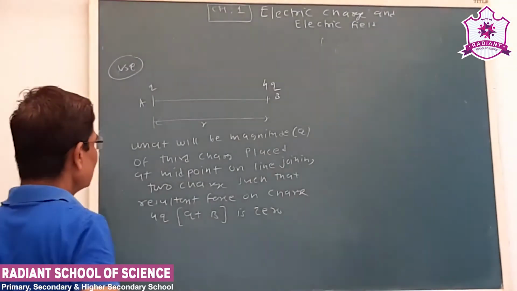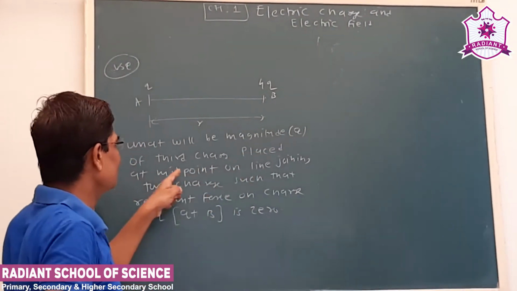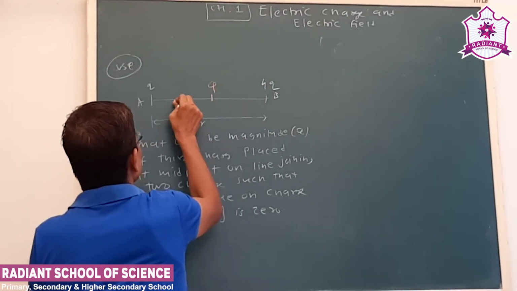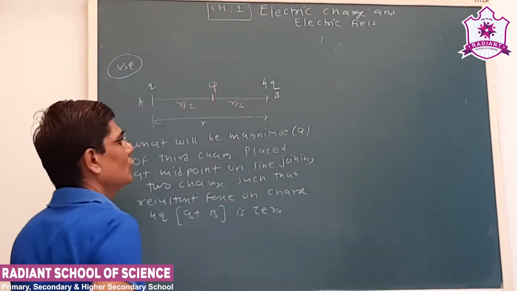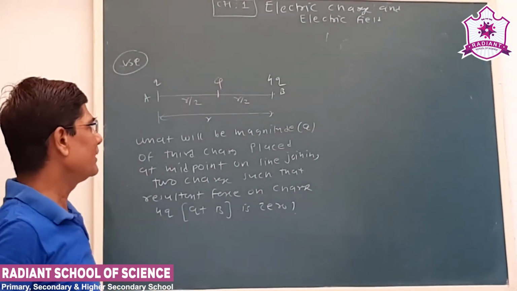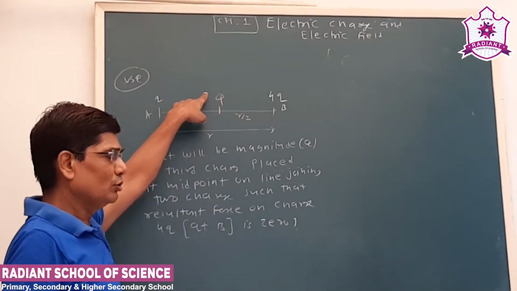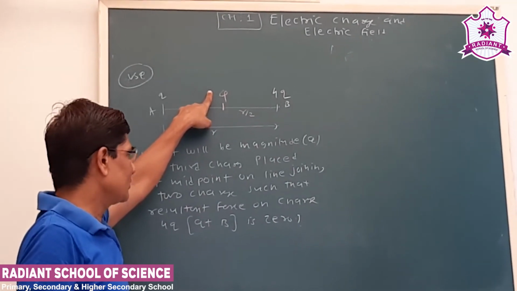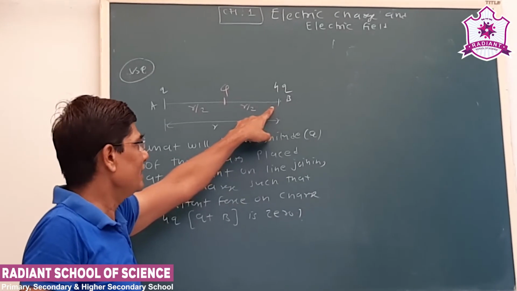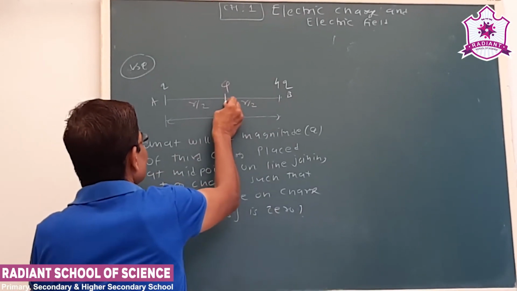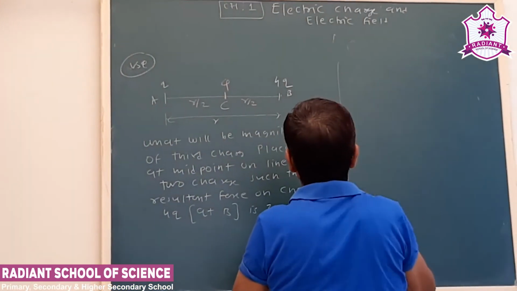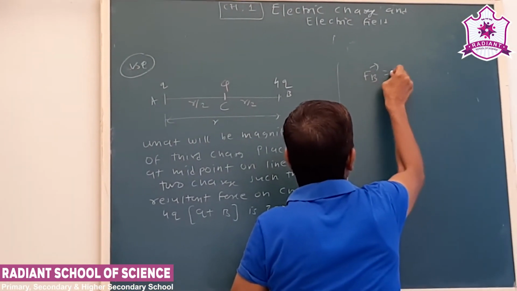Now the third charge is placed at the midpoint. The question says what will be the magnitude of Q such that the resultant force on the charge at B, that is 4Q, is 0. Let us call the midpoint point C. Now FB is 0.